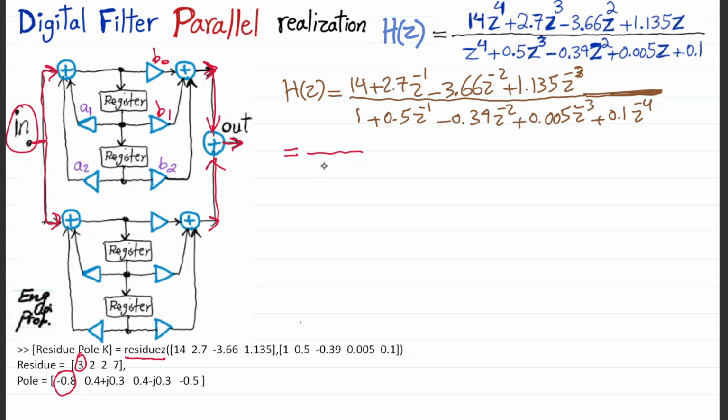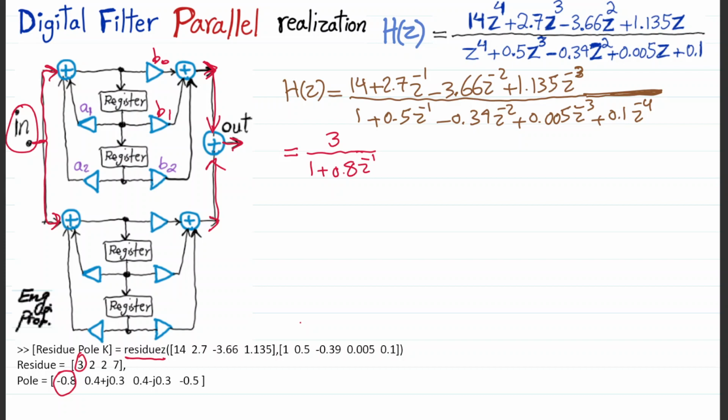For the numerator you have 3, because that's the residue, and for negative 0.8, you have 1 plus 0.8 z^-1. That's how you write it when you want to use it.